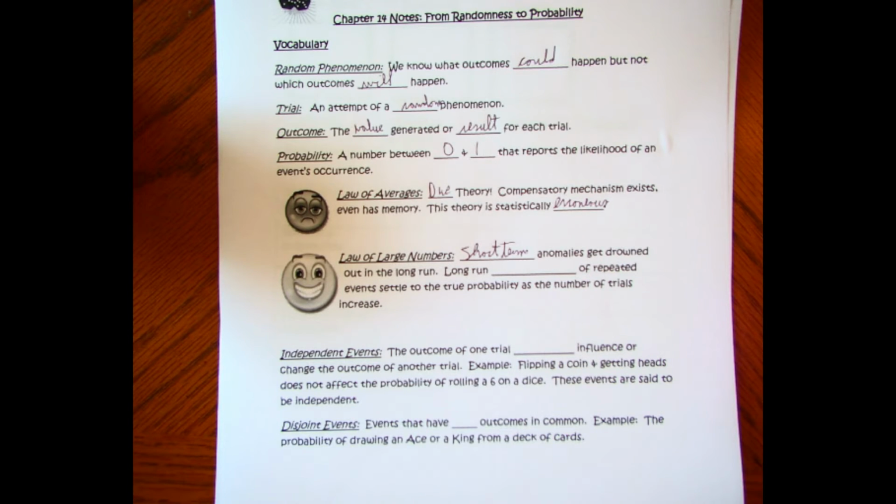Well, that's okay. We keep rolling the dice. We roll it 600 times, the 5 will come out around 100 times. We roll it 6,000 times, the 5 will come out around 1,000 times. We may roll it 50 times and the 5 doesn't come out. We may roll it 50 more times and the 5 comes up 23 times. Those are short-term anomalies, but in the long run, the 5 is going to come out 1/6 at a time.